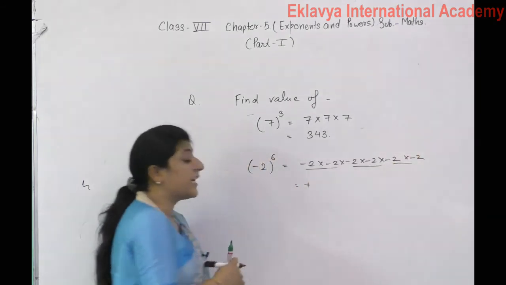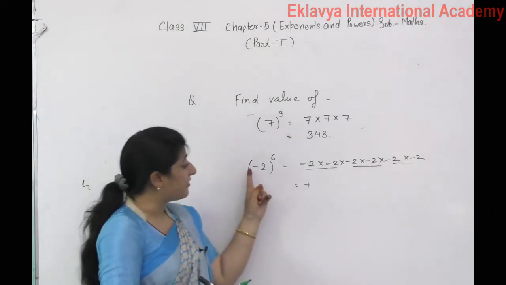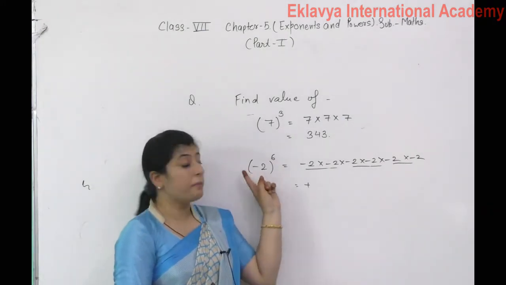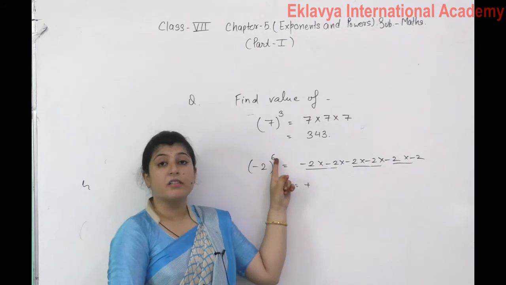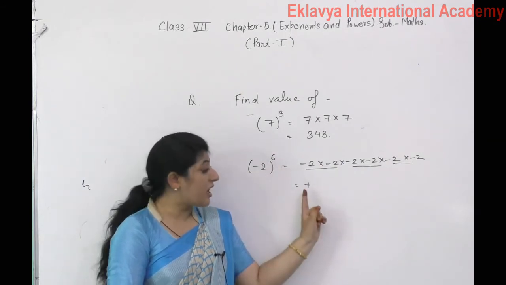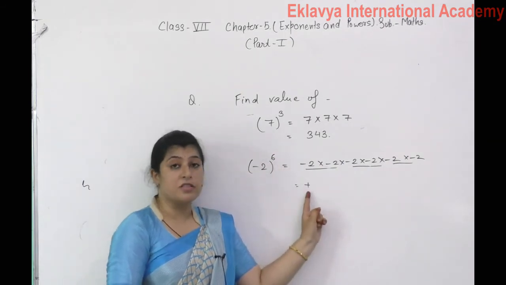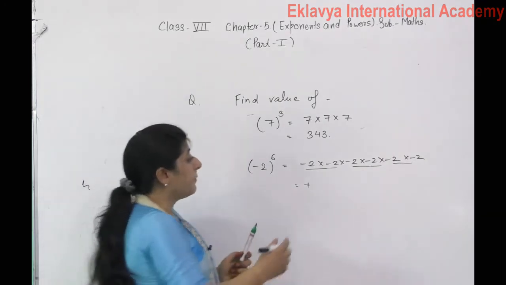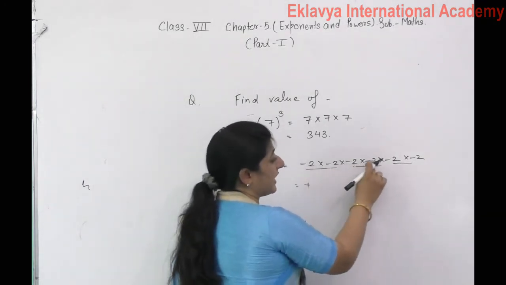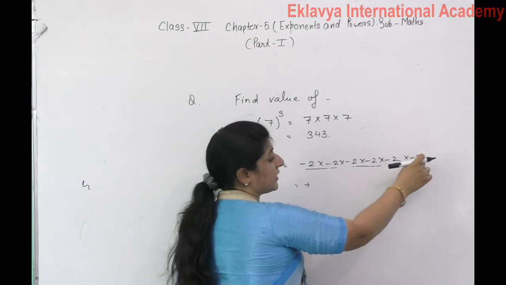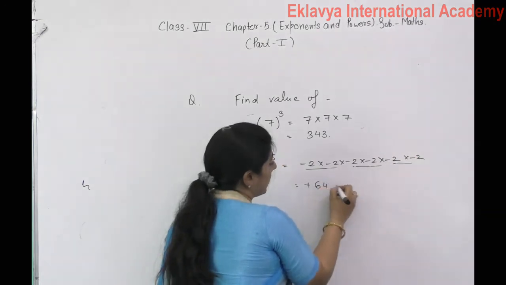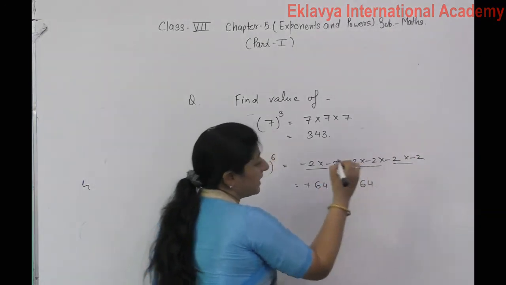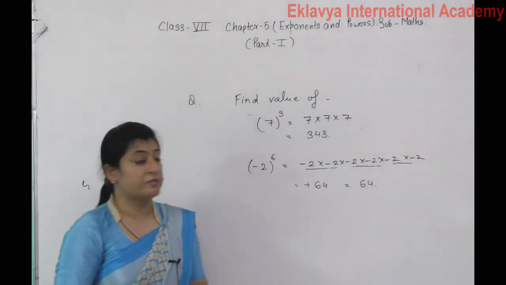And I already told you that whenever a negative number has an even power, your answer will be positive. Now multiply: 2, 4, 8, 16, 32, 64. It means our answer will be 64.